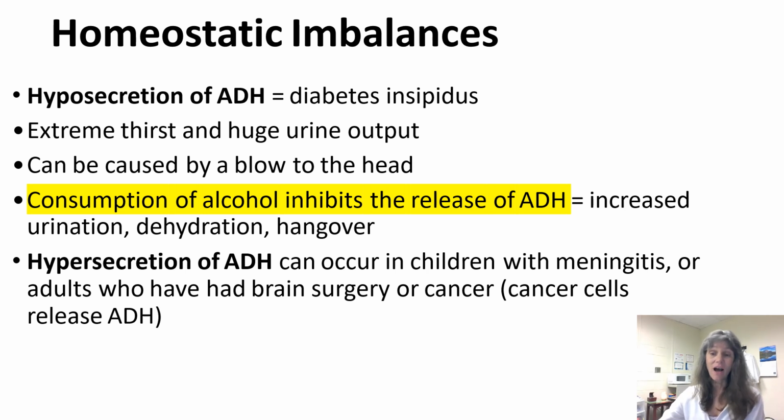Sometimes the opposite can occur where we see hypersecretion of antidiuretic hormone. This can occur in kids who may have experienced meningitis or adults who may have had brain surgery or cancer, because the cancer cells tend to overproduce antidiuretic hormone.